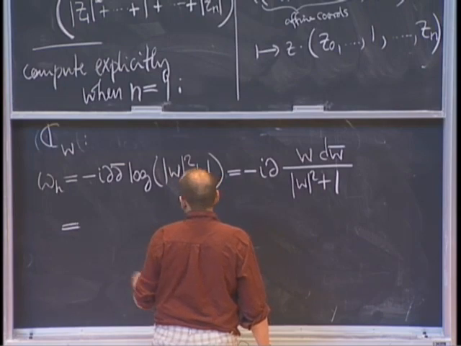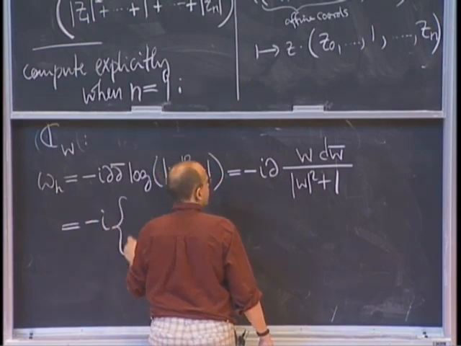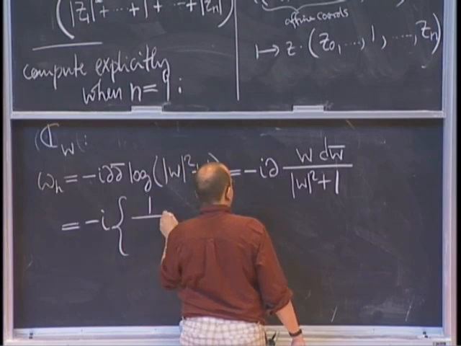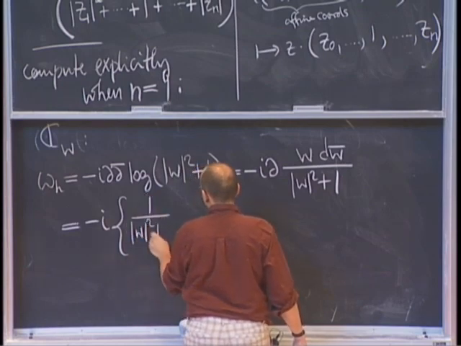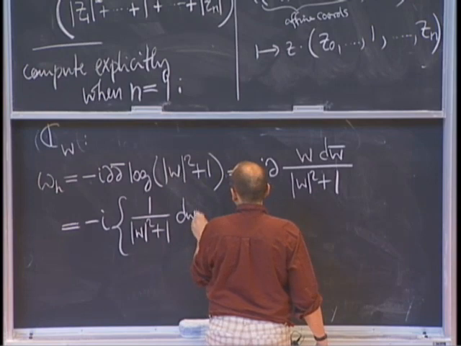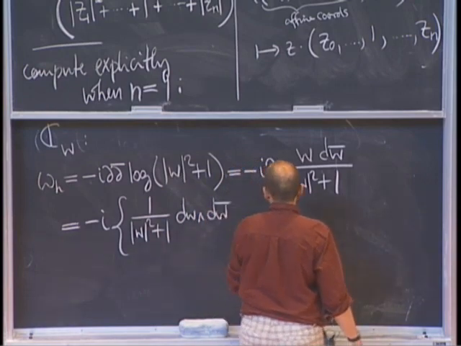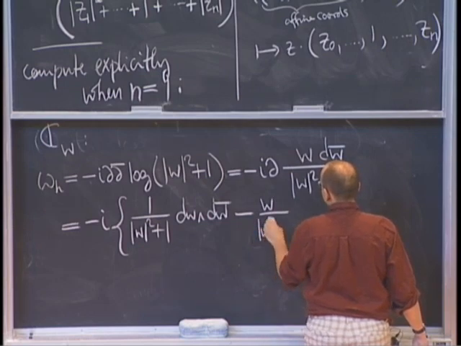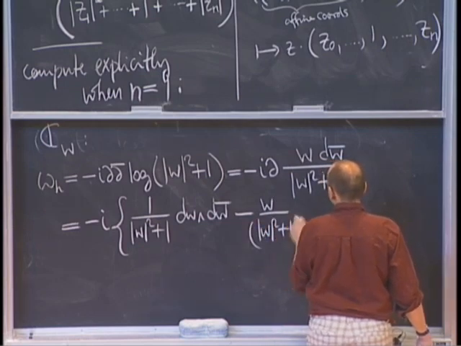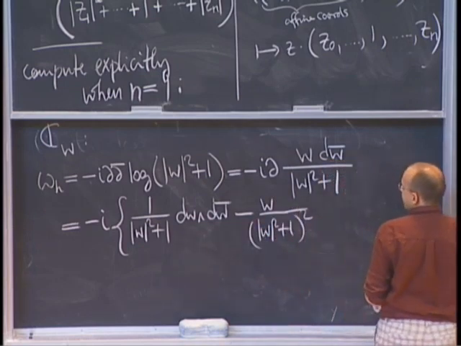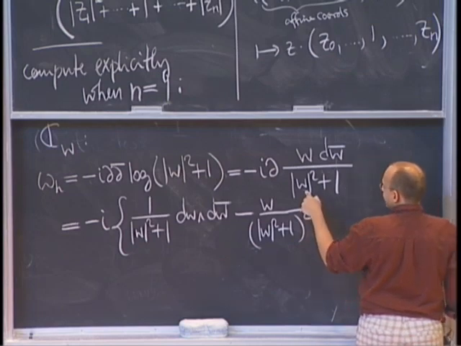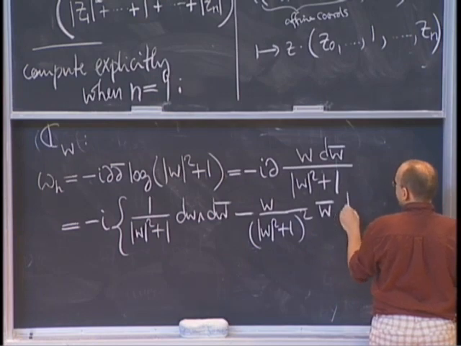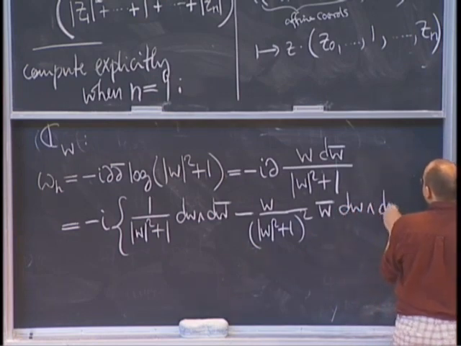It's going to have two terms now, minus i. So there's a 1 over mod W squared plus 1 dW wedge dW bar, minus W over W squared plus 1 squared, and then ∂ of this guy, so that's just W bar dW wedge dW bar.